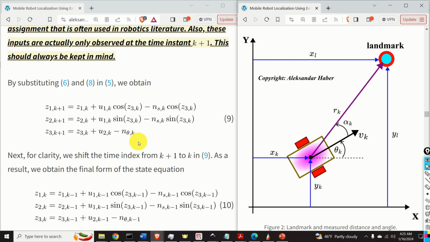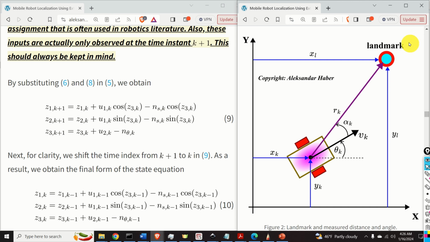The naive approach is basically to take these measurements, to form these inputs, u1k and u2k, and to simply propagate this equation in time. The issue over here is that the variance of the estimate will grow. And as the time goes by, our estimate of location and orientation will gradually deteriorate. That is, the variance of the estimation error will grow.